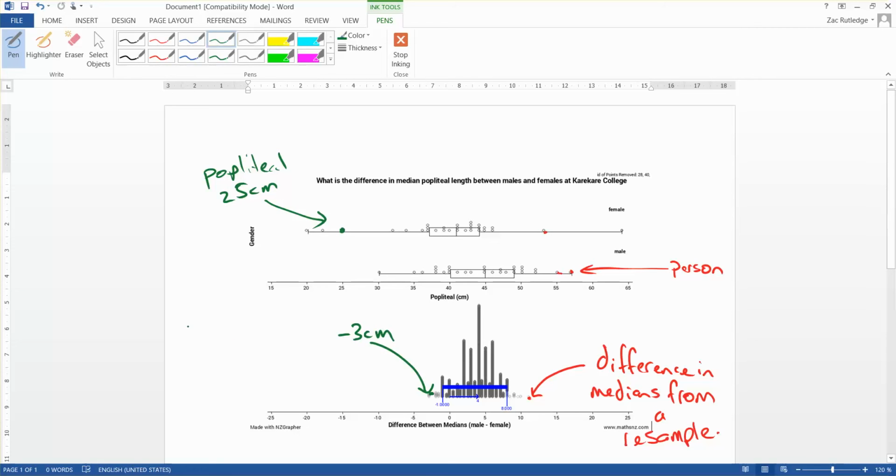This means in a resample, the females had a median 3 centimeters higher than the males.